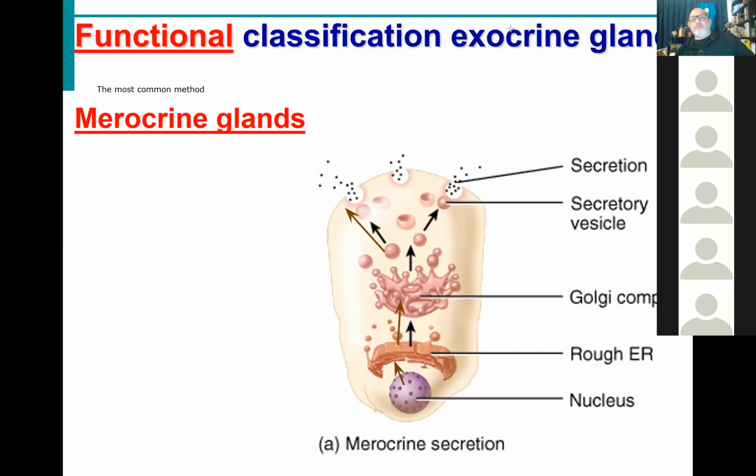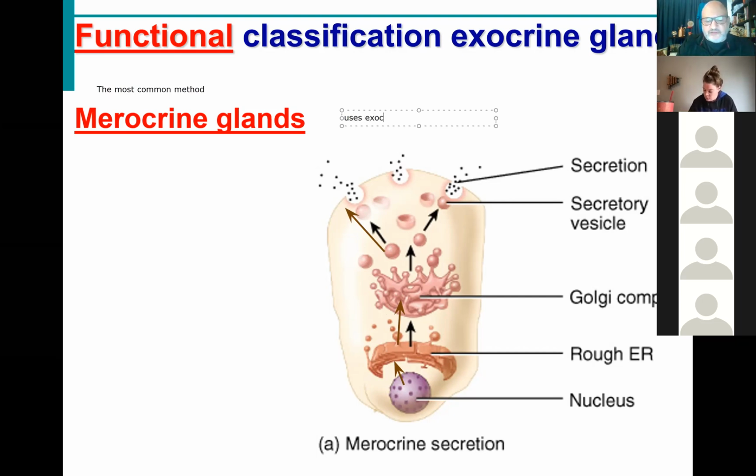What do we call that process? Is that exocytosis? Exactly. Basically, the merocrine mode of secretion uses exocytosis. It produces the substance, sticks it in a vesicle, and releases it via exocytosis.